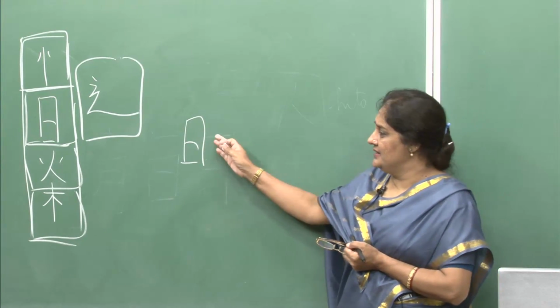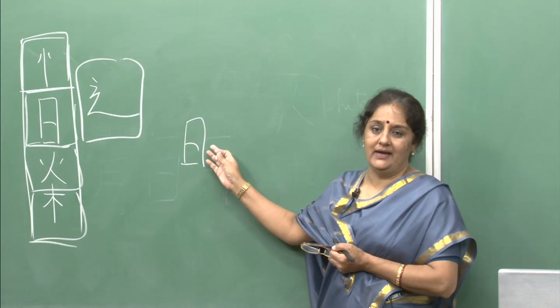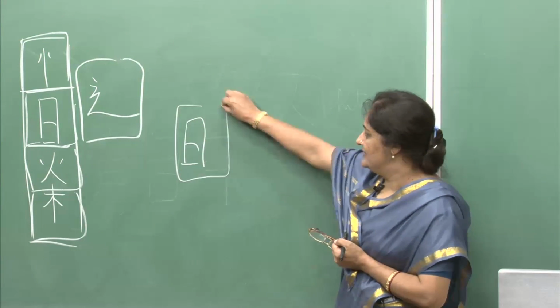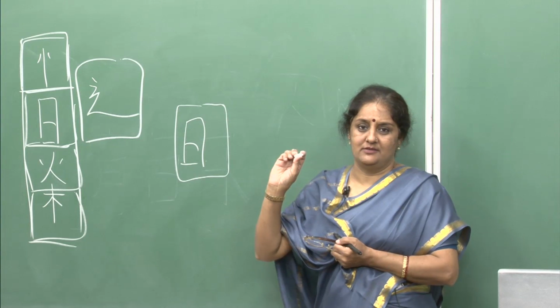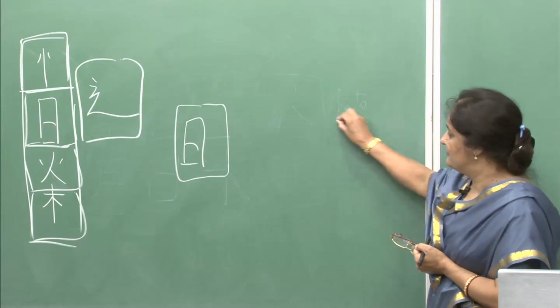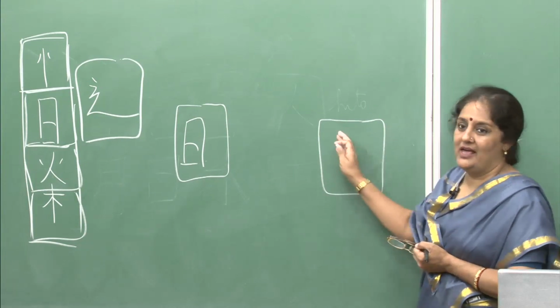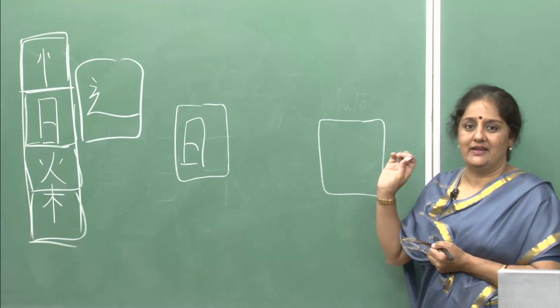So, anything dealing with sun or with light will generally have this character in it. So, a kanji is formed with the help of radicals.